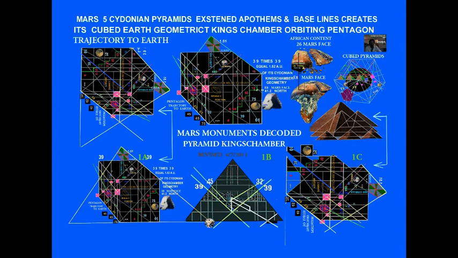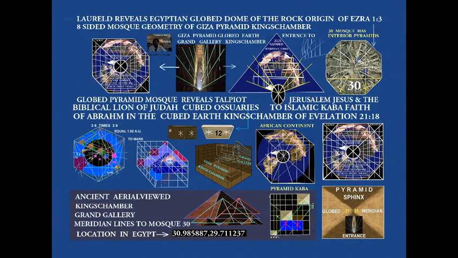mathematical at this point, but once you see the simplicity in which an eight-sided mosque enclosure of our globe Earth reveals the rum lines and their actual pyramid purpose in relationship to the Grand Gallery. From the equatorial point of view, we have converging meridian lines toward the Arctic and Antarctic polar regions of our ball-shaped Earth.